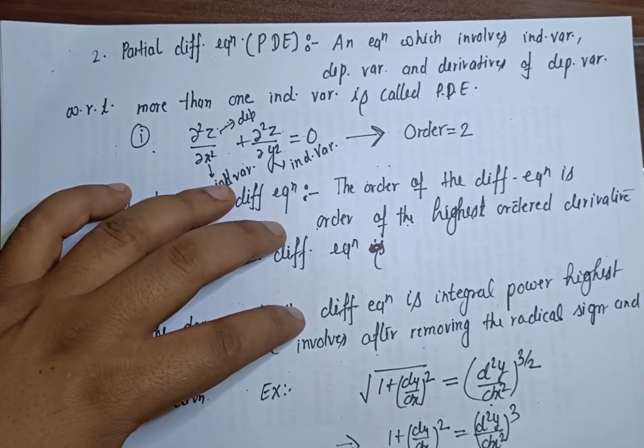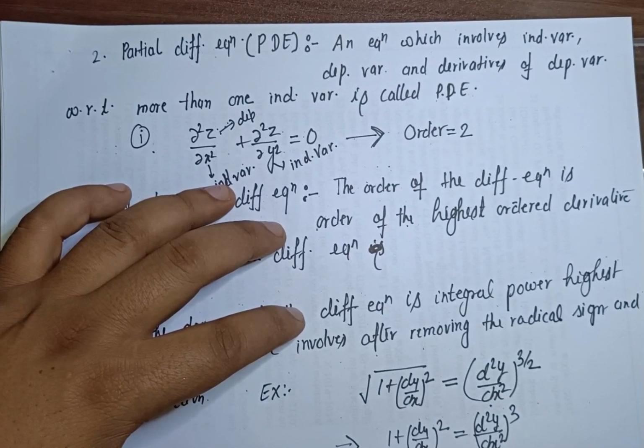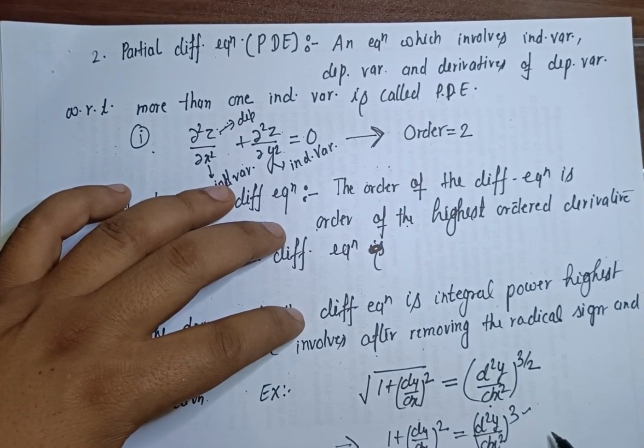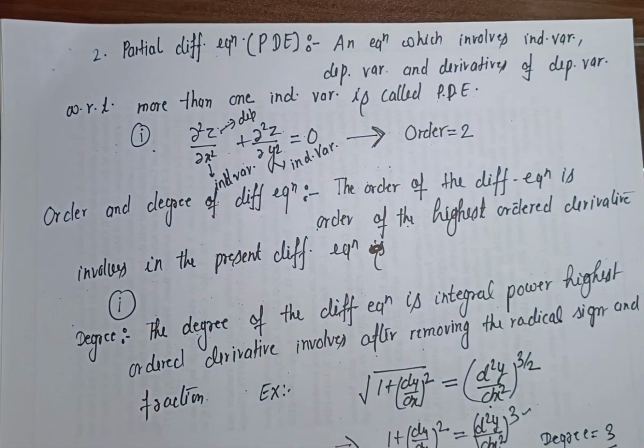So what about the degree? Now we see the highest order derivative involved in this differential equation. Obviously d square y upon dx square is the highest order derivative involved. The power of this is 3, so the degree of this differential equation is 3. So you can simply find the degree and the order of the given differential equation.